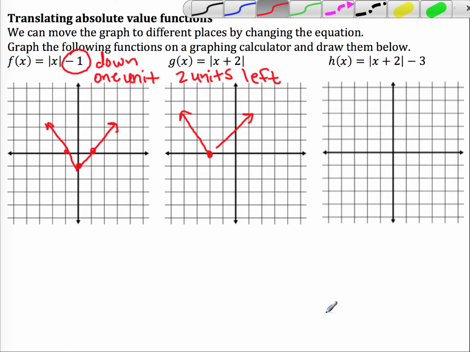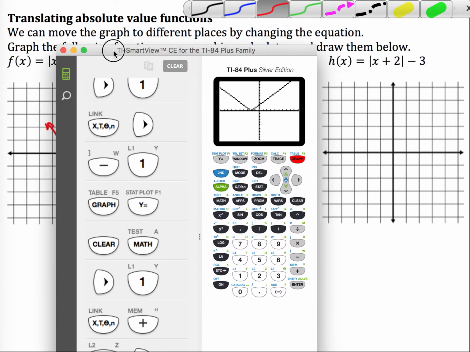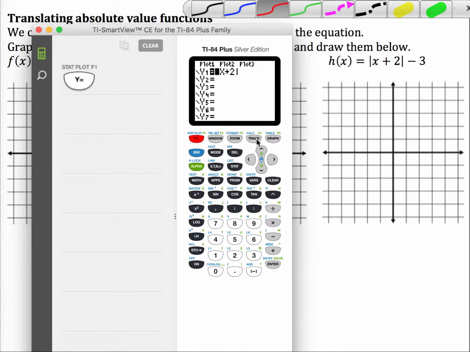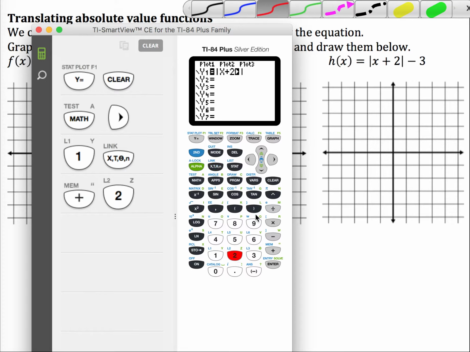Now we have 2 moves here. Try to take a guess what's going to happen to this absolute value function, and then go back and check it on your graphing calculator. So I'll go ahead and put it back into my y equals. I'll clear out. You could just adjust your function rather than clearing each time. So math, number, absolute value, x plus 2, move outside the absolute value and subtract 3.